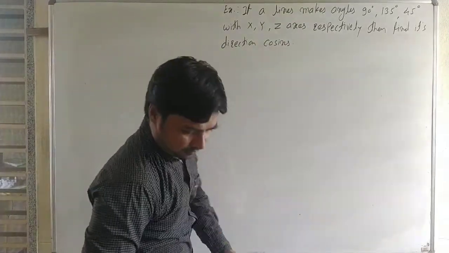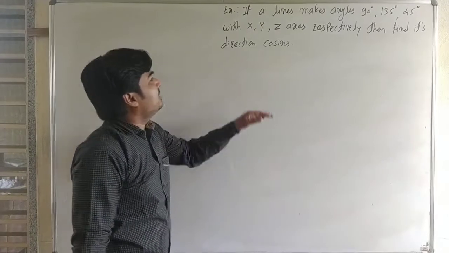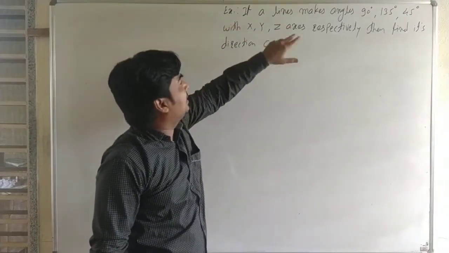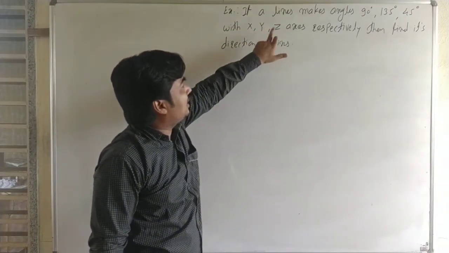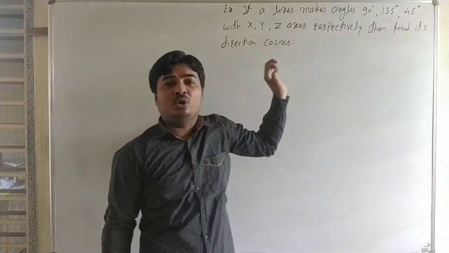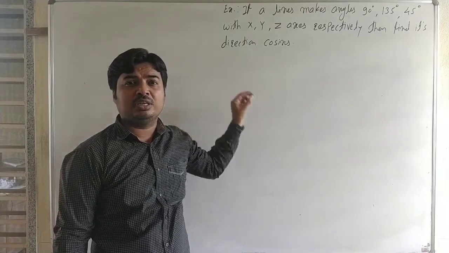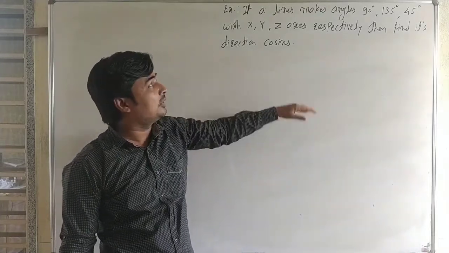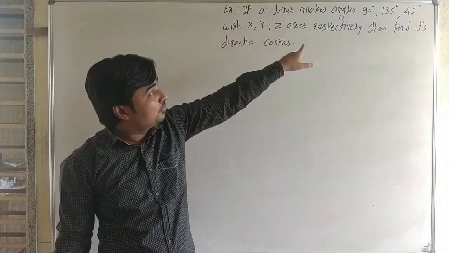Here it is given that the direction angles, the angles with the x axis, y axis and z axis, are alpha, beta and gamma, and we want to find the direction cosines, that is cos alpha, cos beta and cos gamma, the cosine values of those three angles.